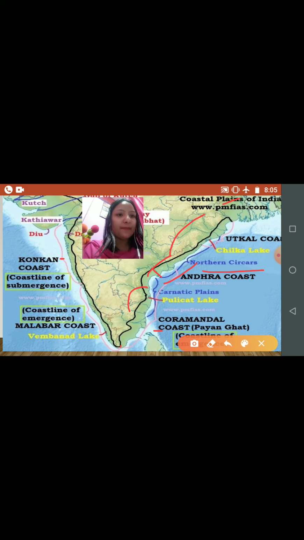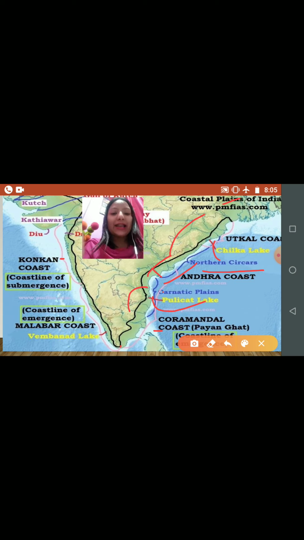Just remember one important point: Chilika Lake in Odisha and the lakes of Kolleru and Pulicat in Andhra Pradesh are brackish coastal lakes or lagoons.